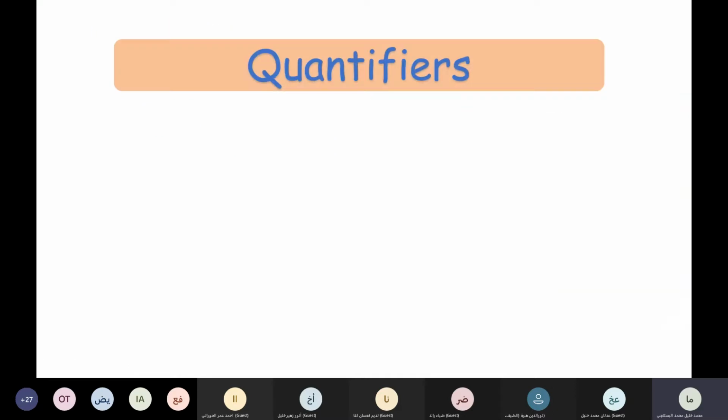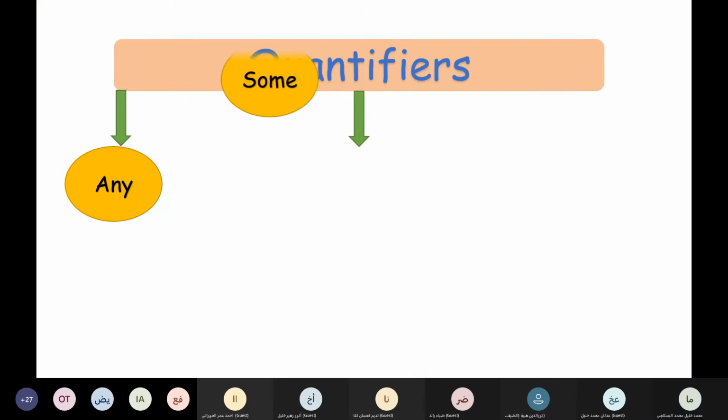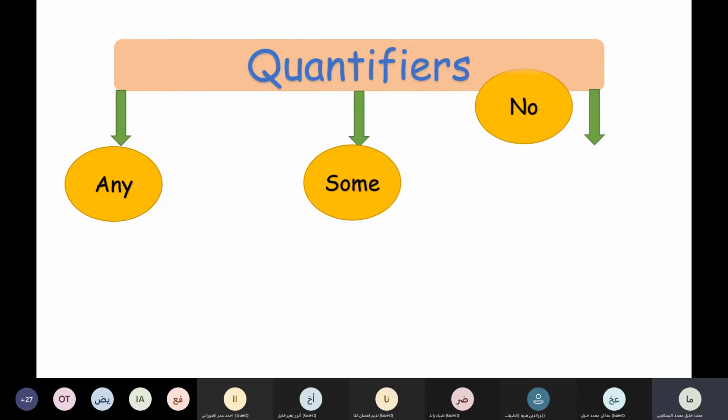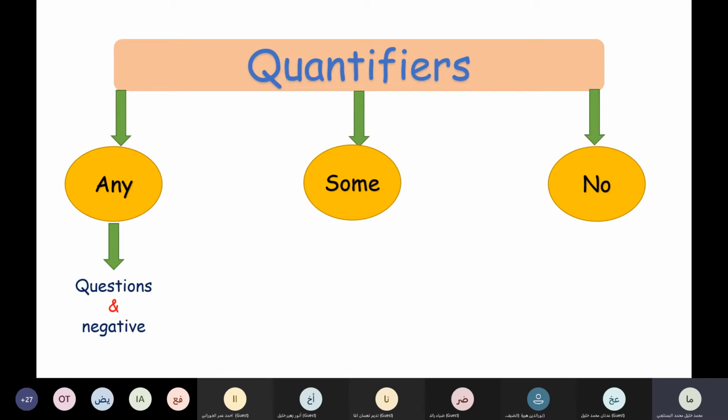Okay. Again, these expressions of a quantity, we call them what? Quantifiers. We have some, any, and no. Any is used with questions and negatives, with uncountable nouns and plural countable nouns.